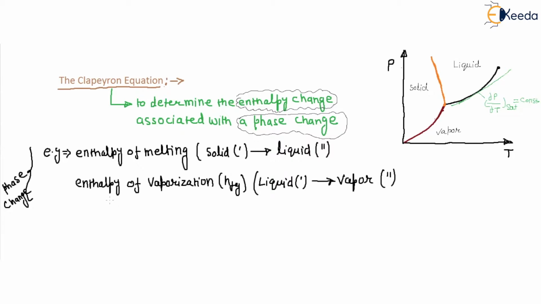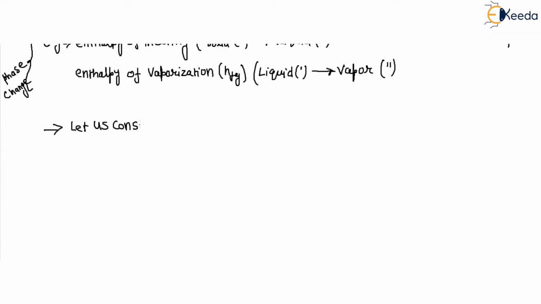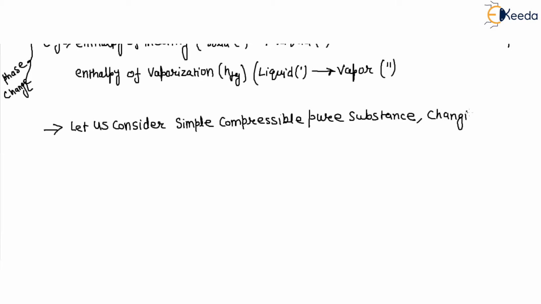So what is that? Let us consider a simple compressible pure substance changing phase from state, let's suppose 1 dash, to state, let's suppose 2 dash, right?